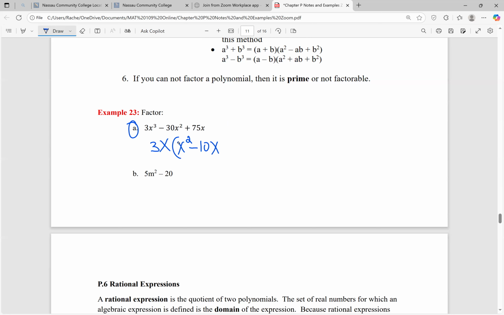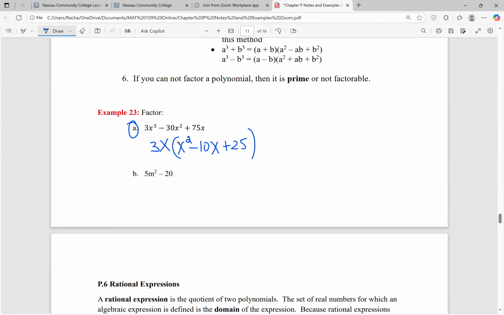And then 75x divided by 3x is going to be a positive 25. But just because you're able to factor doesn't necessarily mean you're done factoring. Look at your result and see if one of the factors could be factored even more. So I have a 3x times an x squared minus 10x plus 25.